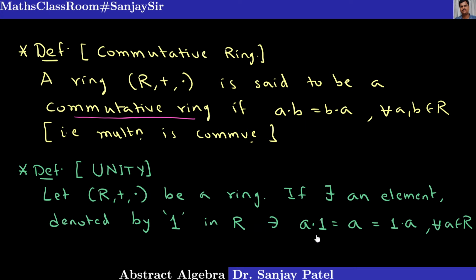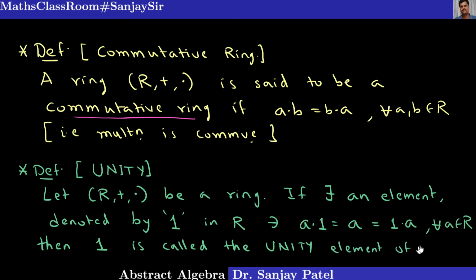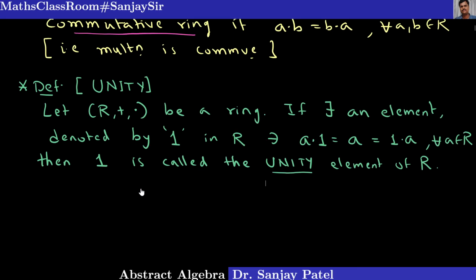So we have to check both the things: a into 1 is equal to a and 1 into a is equal to a for every a belongs to R. So if there is an element in the ring denoted by 1 which satisfies this condition, then 1 is called the unity element of the ring R. Remember, it is always unique, which can be proved very easily.